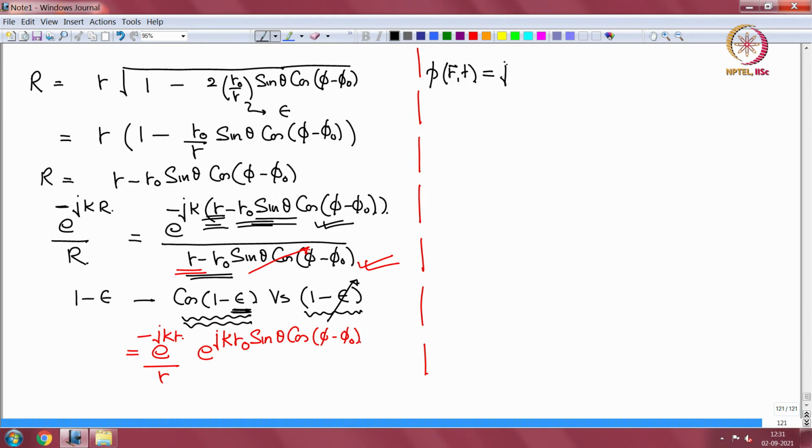So j omega rho 0 v tilde pq divided by twice pi, e to the power of j omega t, that is your time, then e to the power of minus j k r fell out of the approximation, and now the integral.